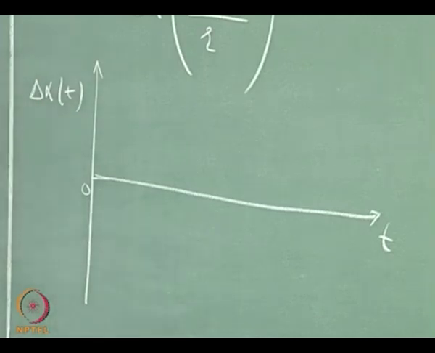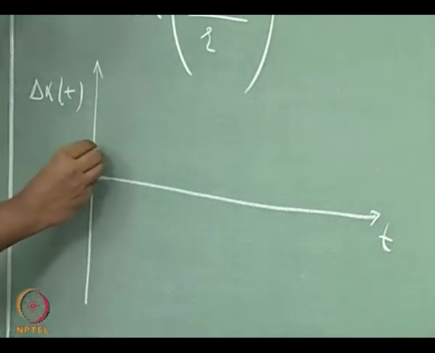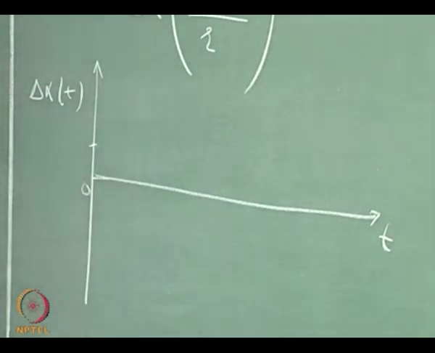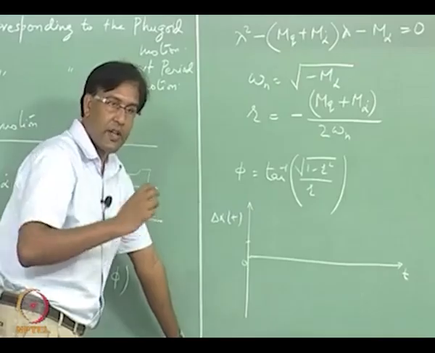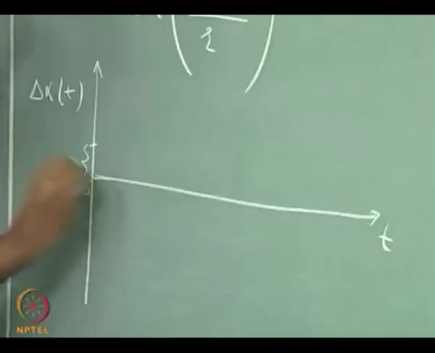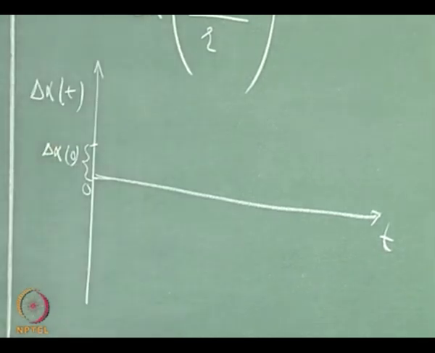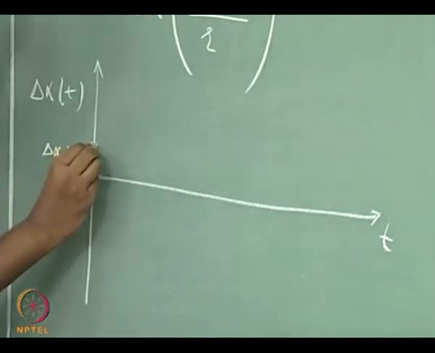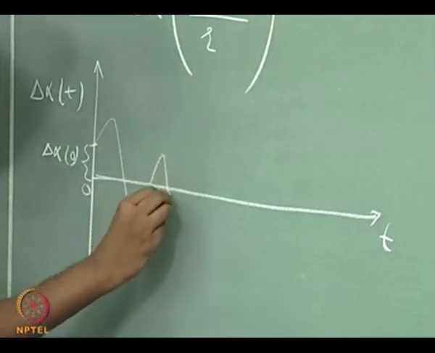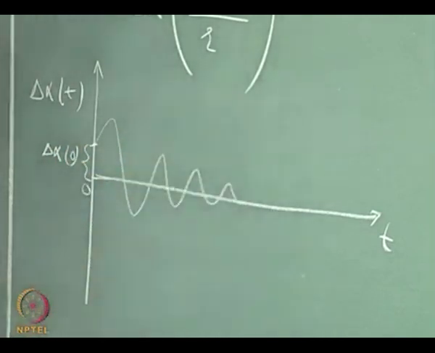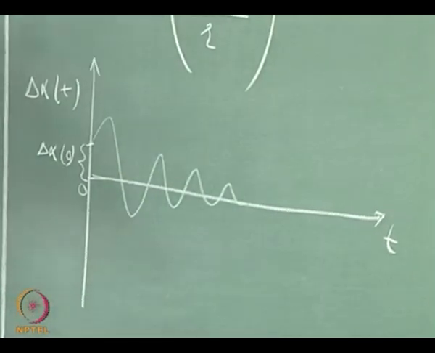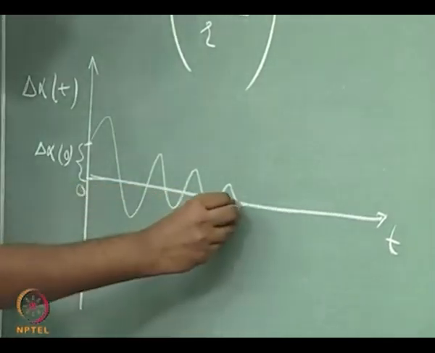I should not say that as perturbation. So, you actually have a perturbation which is delta alpha at time t equal to 0, which is this, and the response can look something like this. Note that this is only a qualitative picture.